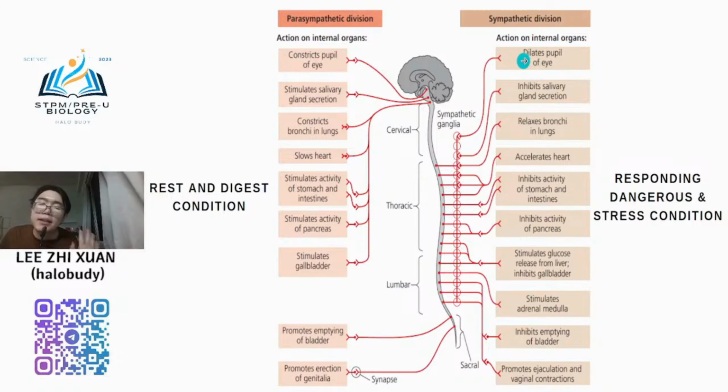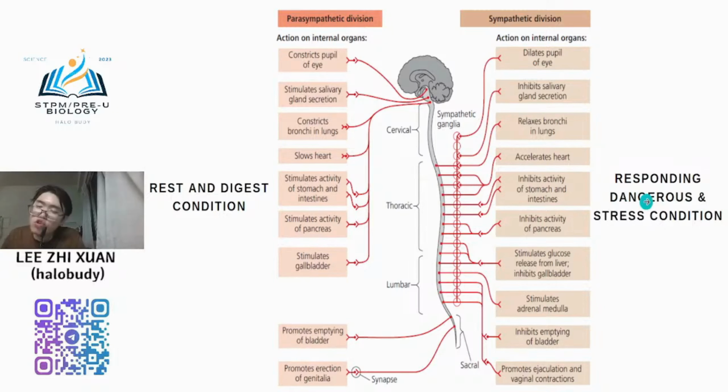But in sympathetic, what it releases is noradrenaline. So noradrenaline will increase your stress response, right? It will make you more stressful, more panicked, and more concentrated. Why? Because sympathetic responds to dangerous and stressful conditions, what we call the fight and flight response.